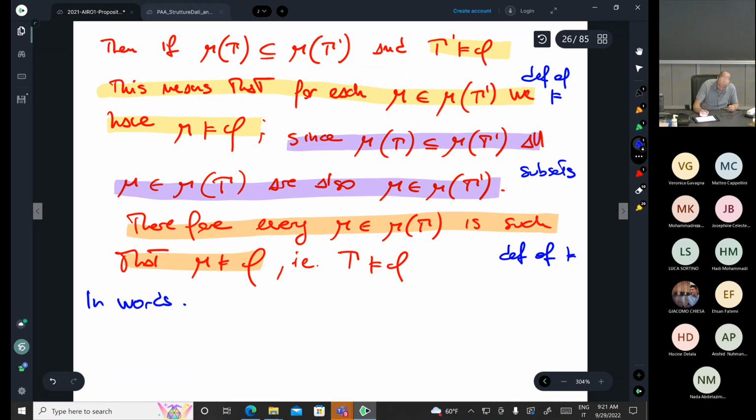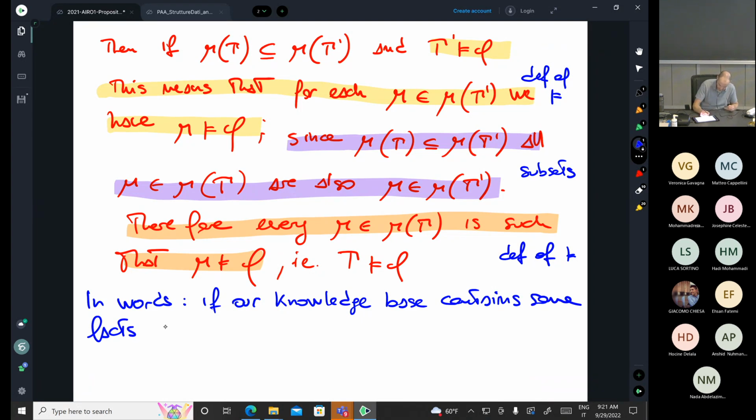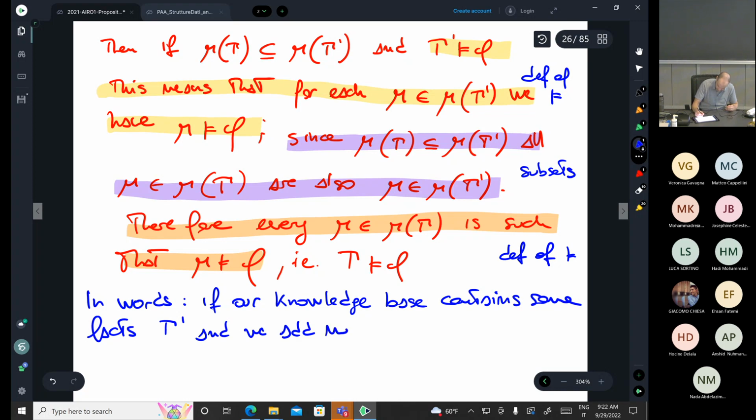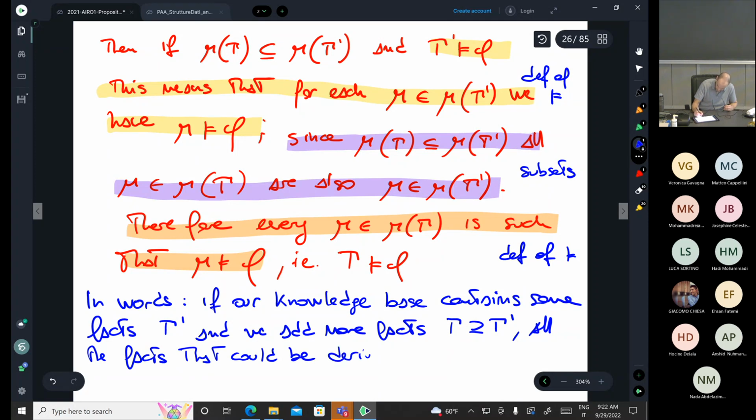In words, if our knowledge base contains some facts, gamma prime, and we add more facts, gamma, a superset of gamma prime, all the facts that could be derived before, gamma prime implies phi, are still derivable.